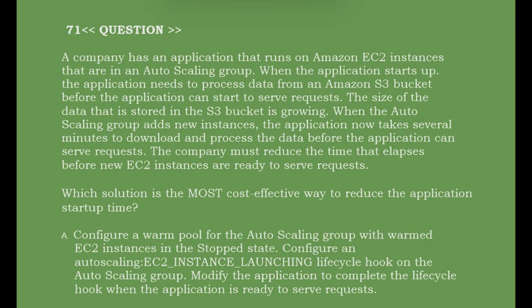When the Auto Scaling group adds new instances, the application now takes several minutes to download and process the data before the application can serve requests. The company must reduce the time that elapses before new EC2 instances are ready to serve requests. Which solution is the most cost-efficient way to reduce the application startup time?